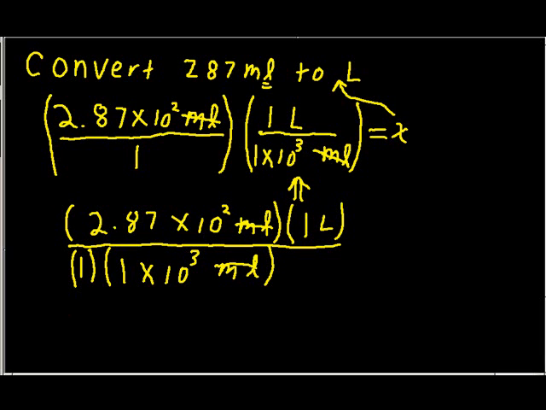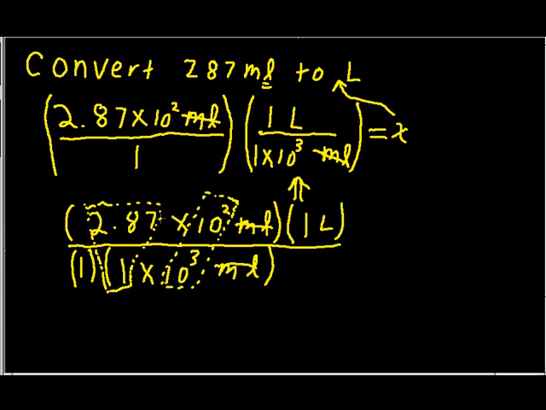Now, using the ideas of scientific notation, we divide this problem into 2 parts. We look at 2.87 divided by 1, and then we look at 10 to the second divided by 10 to the third.